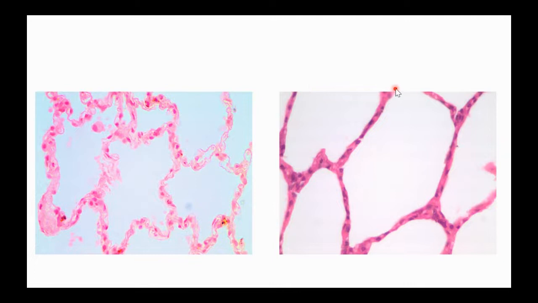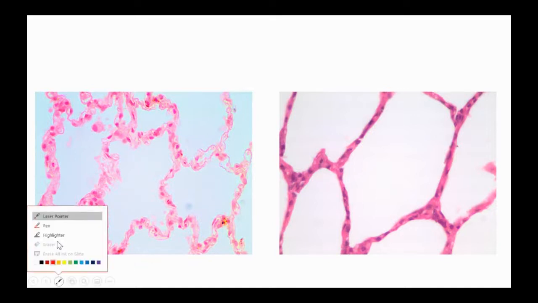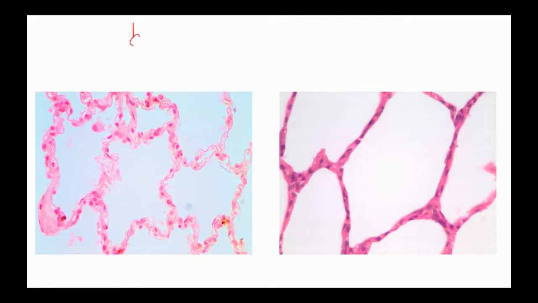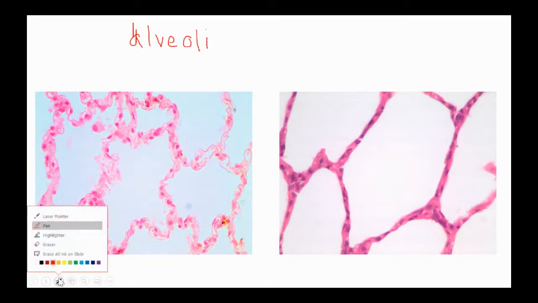Let's start over here on the right. Actually, before I dive in, a couple of us have mentioned in the chat the location that we find this tissue. This tissue is found in the alveoli or the air sacs of the lungs.